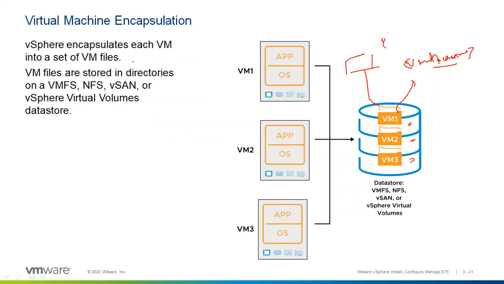All those VMs will be hosted on some ESXi host. All its compute, I would say CPU and memory, is taken from ESXi only. But the configuration files and much more will be inside this folder.